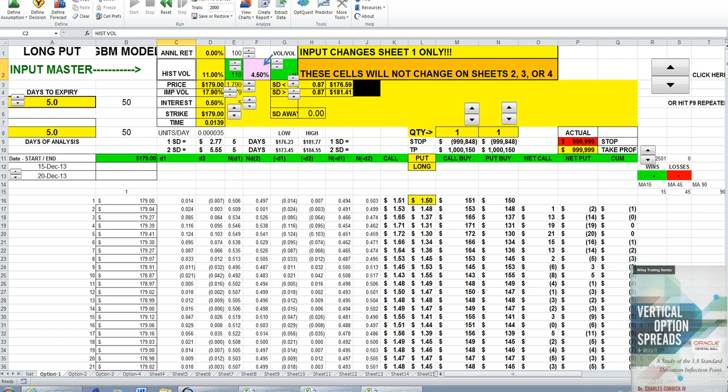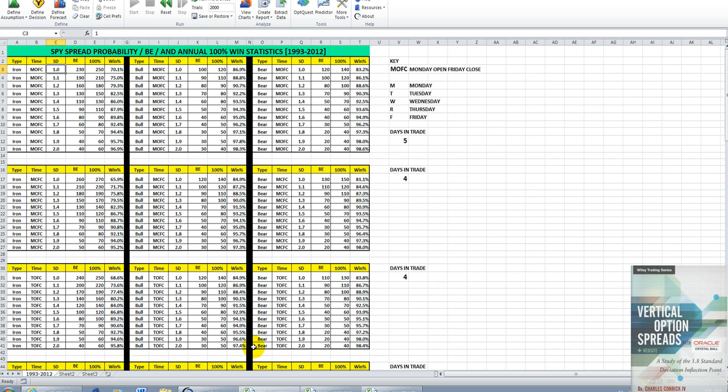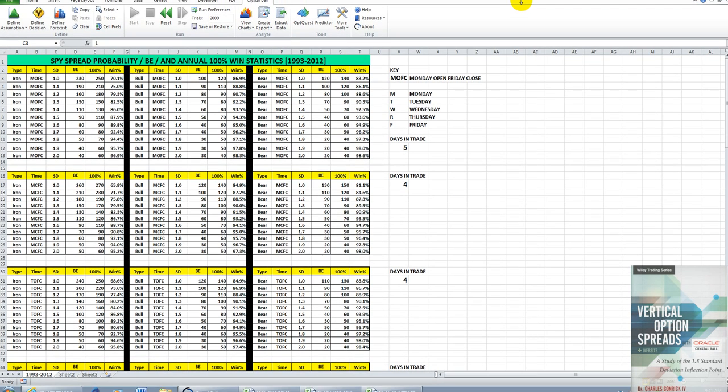All right, now the essence of the lesson is really back to this sheet, which is available to you on your website under resources.